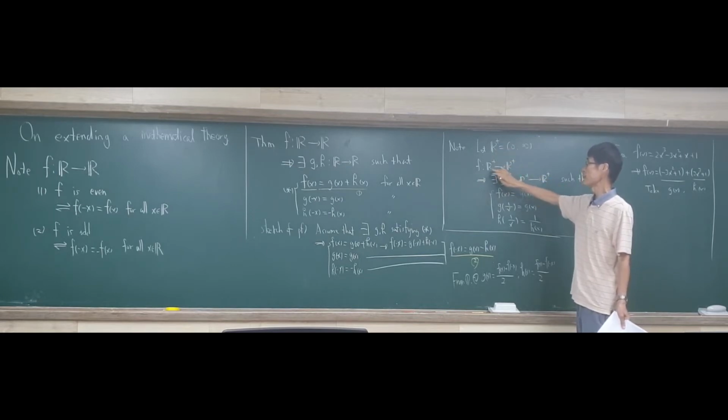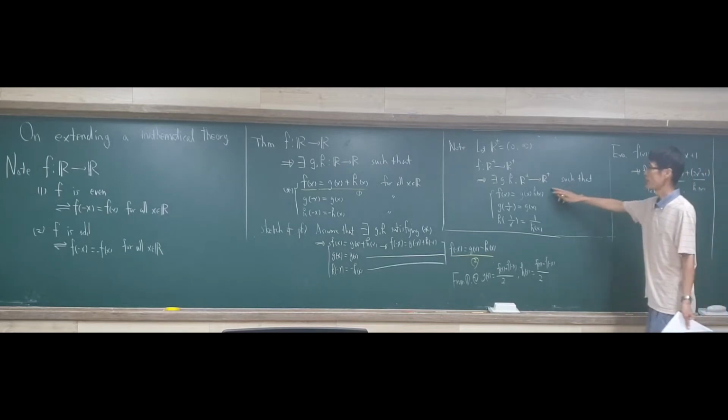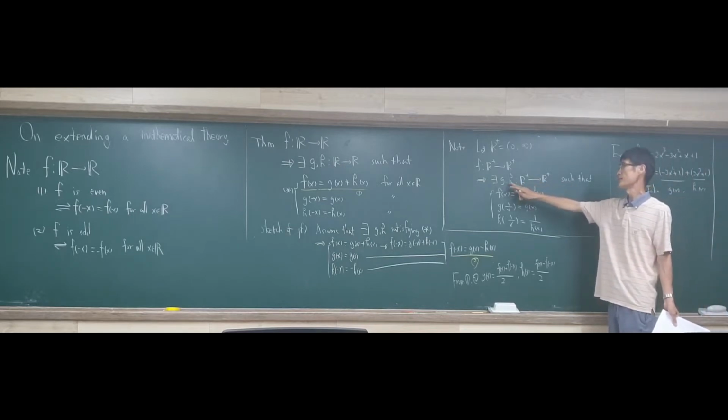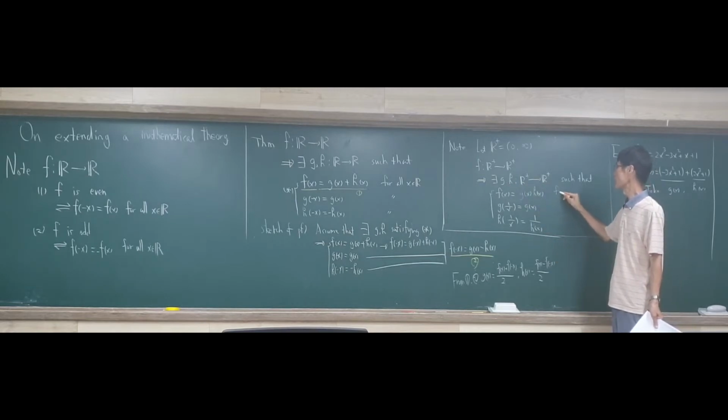And if f is a function from this to this, then we can easily prove the theorem that there exist g and h satisfying these three conditions for the equation that holds for x.